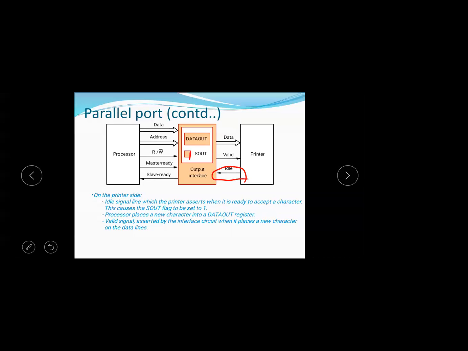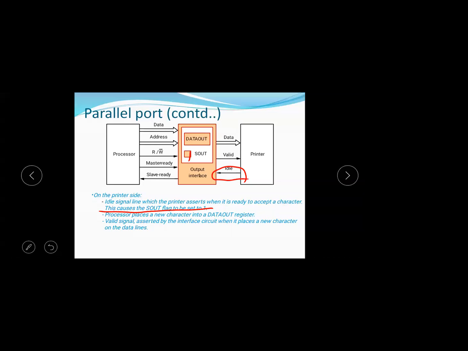Then the SOUT flag becomes 1. That means if SOUT is equal to 1, the printer is in the idle state, free to print the characters. Whenever the printer is idle, it sends the idle signal, and then the interface sets the SOUT flag to 1.